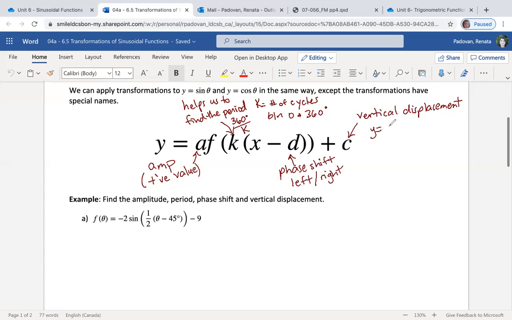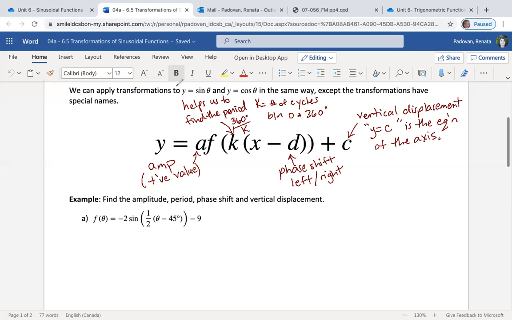And y equals C is the equation of the axis. So whatever the number is at the very end is the equation of the axis. The equation of the horizontal line that basically splits the curve right in half, right?